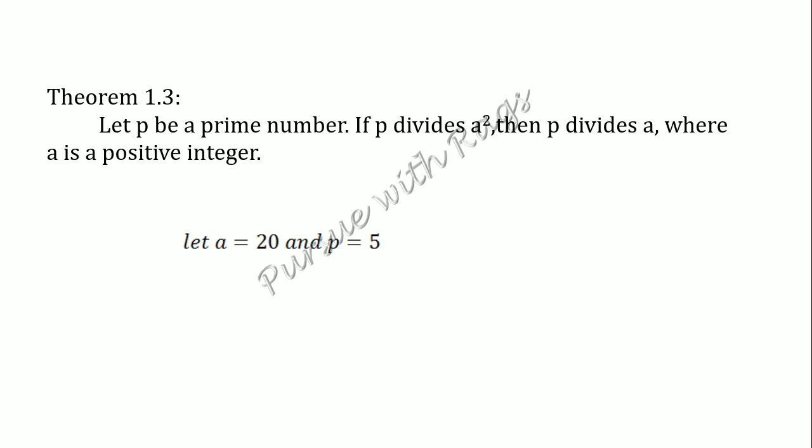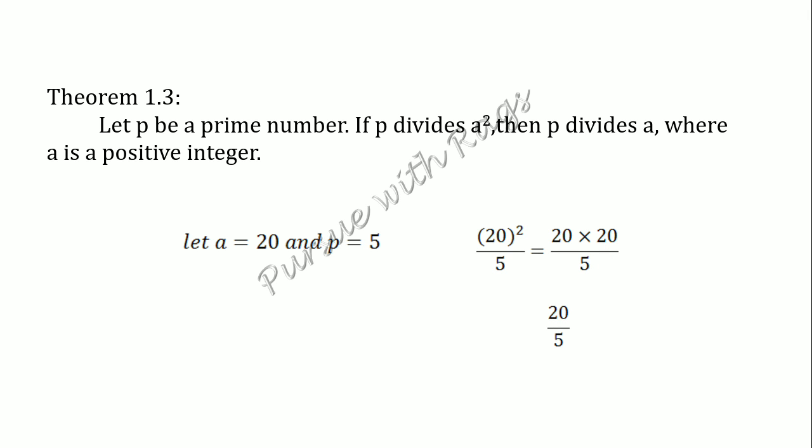Now, if P divides A square, that is, if 20 square is divided by 5, see, 20 into 20 by 5, directly we can cancel. So definitely 5 divides A square, right? 5 divides 20 square. Similarly, if 5 divides 20 square, then definitely 5 divides 20. That is, P divides A. This is what is given in the statement.